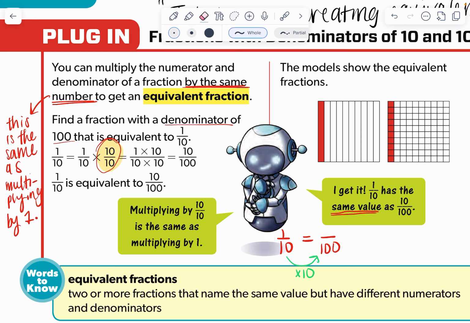In other words, if I multiplied my denominators by 10, then I need to multiply my numerator by 10 as well. So 10 times 10 gave me 100. 1 times 10 gives me 10. So the fraction that is equivalent to 1/10 with the denominator of 100 is 10 hundredths, which is right here.